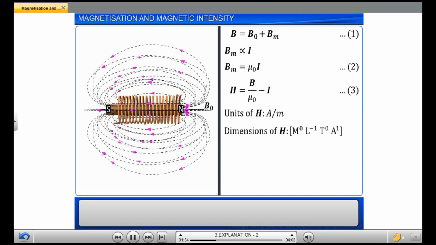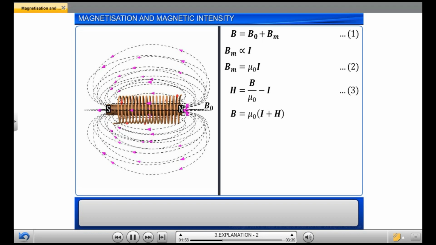That is, the SI unit of H is ampere per meter, and its dimensional formula is M0, L-1, T0, A1.